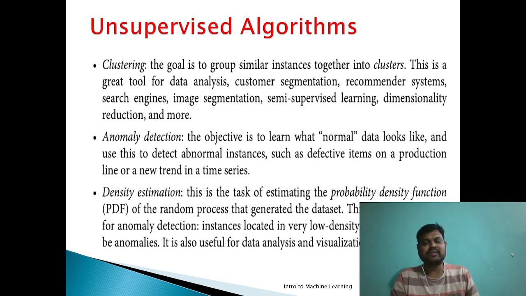Whereas in anomaly detection, normal data follows one pattern. If your data deviates from the normal pattern, then anomaly detection will be useful to detect such data, or defective items. Those data are called defective items, right? Then density estimation is based on the probability distribution function or probability density function, right?